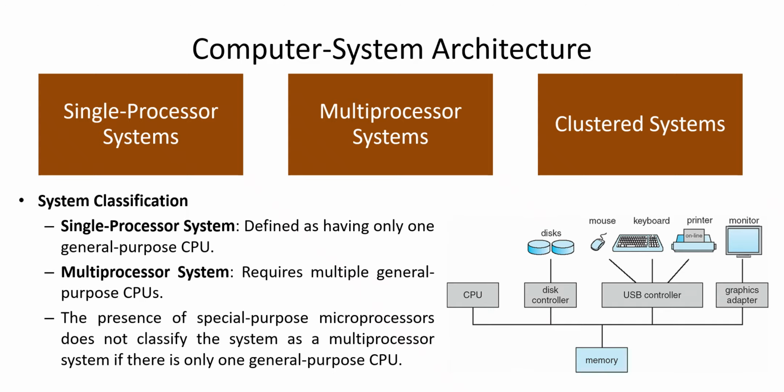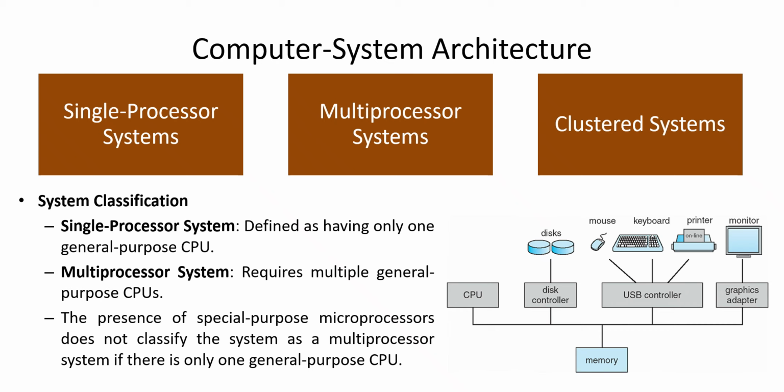Now we are moving into the final major topic of today's session, computer system architecture. Let's start by classifying systems based on how many processors they have. A single processor system is defined as having only one general purpose CPU. A multiprocessor system has multiple general purpose CPUs. Here's an important classification.